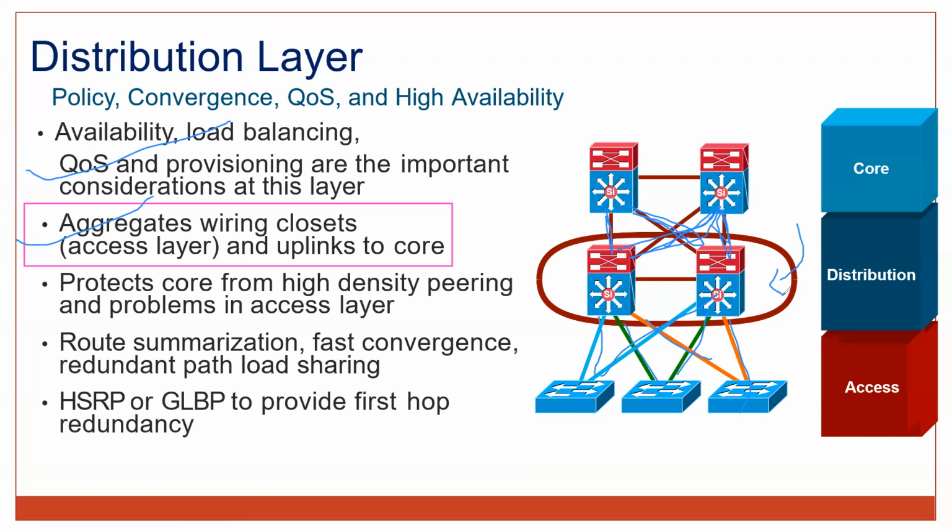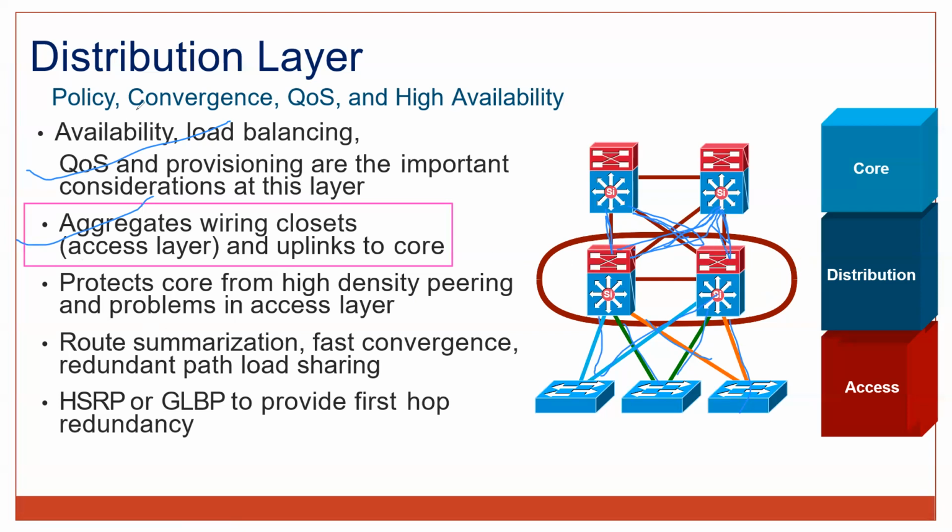Better to go for chassis based, big switches, where you can connect more and more switches. So do not choose a 48 port switch or something like that. Use big switches, because it will work as an aggregator where you have to connect so many different interfaces.